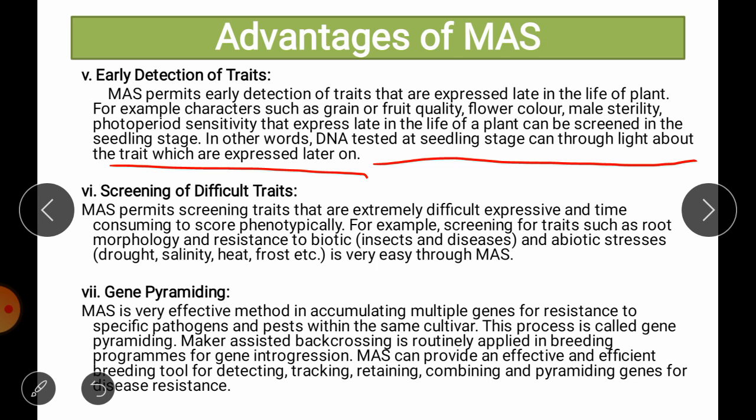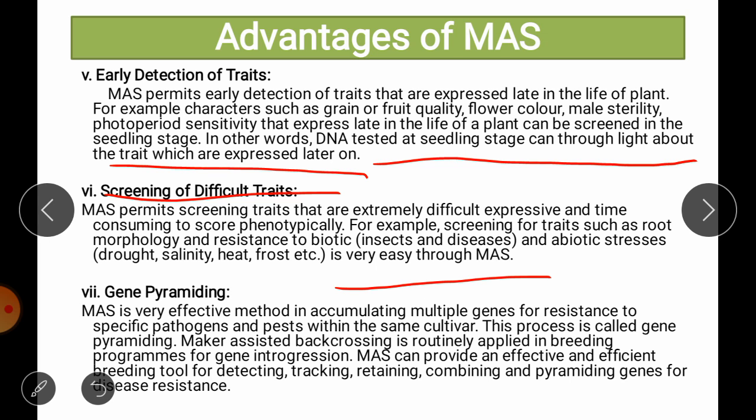We do not need to wait until that stage arises to observe the phenotype. The next one, screening of difficult traits is also possible with marker assisted selection, such as root morphology, and resistance to biotic or abiotic stresses is very easy through marker assisted selection.